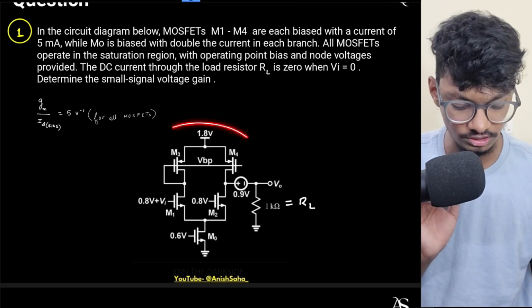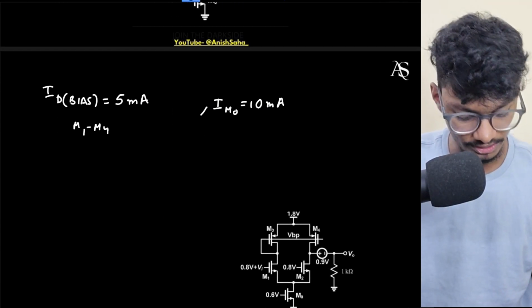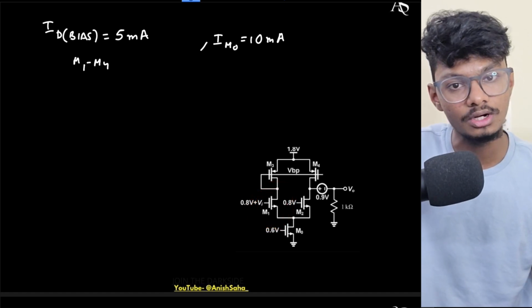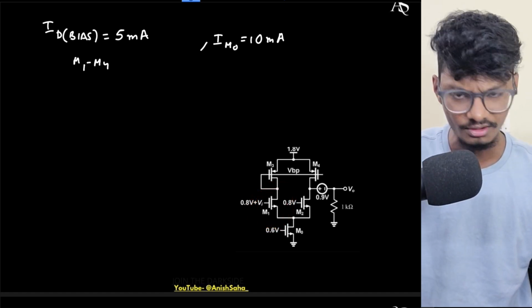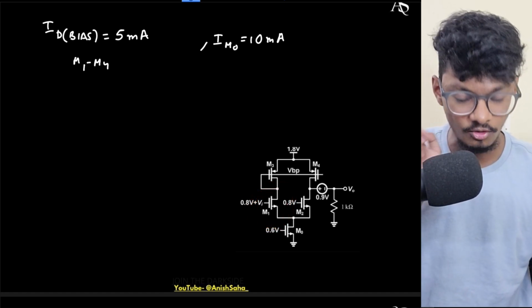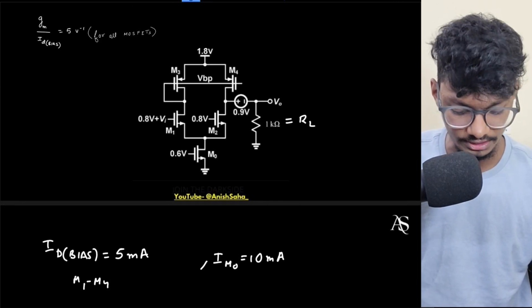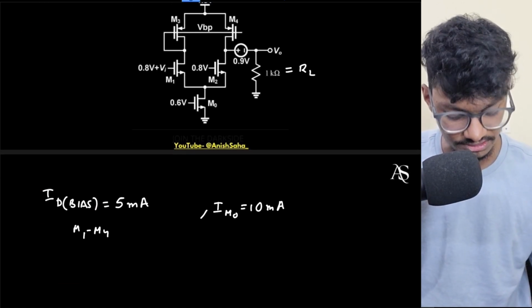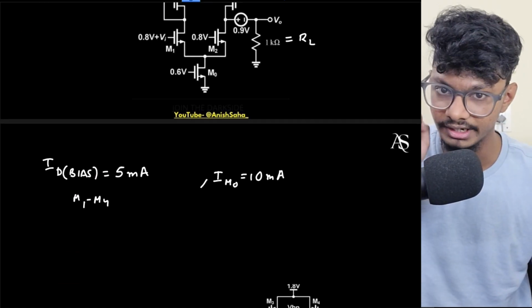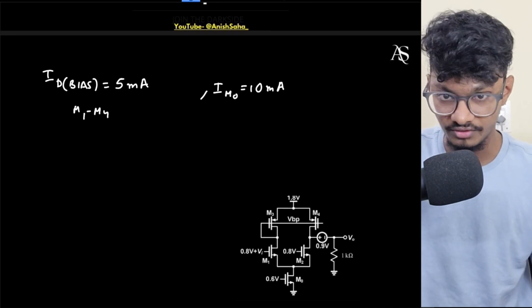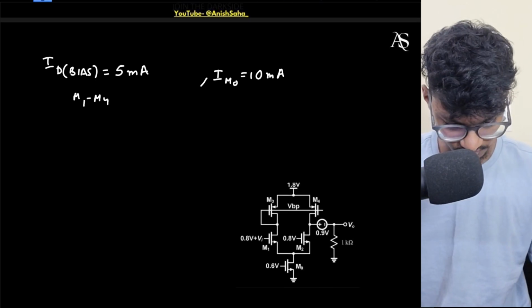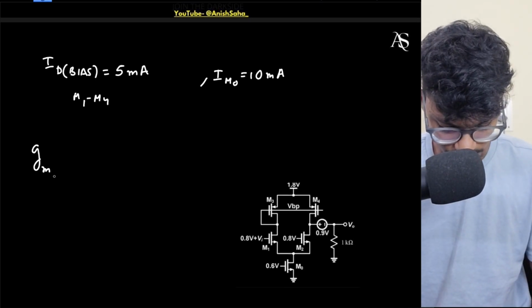Since all the MOSFETs are in saturation, I can simply replace them with their small signal models. Obviously I need to find the gm of each MOSFET. I know gm by ID bias, and I know ID bias for M1 to M4, so I can identify gm. What will be my gm for M1 to M4?